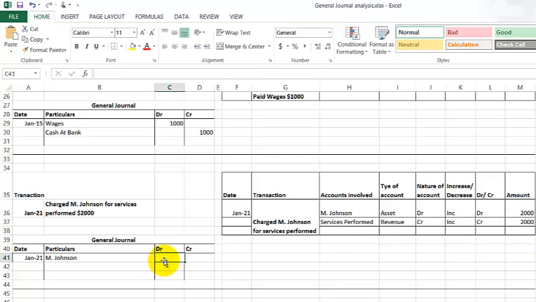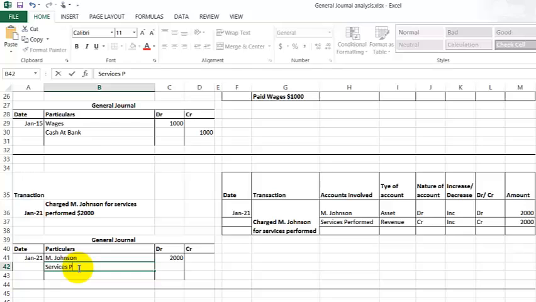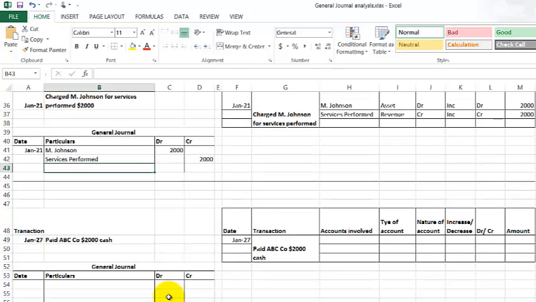Here we are. Debit $2,000, and it was for services performed. There we are on the credit side. Alright, so we've got this debit equaling that credit. There's one on each side. It's all sweet, all good.